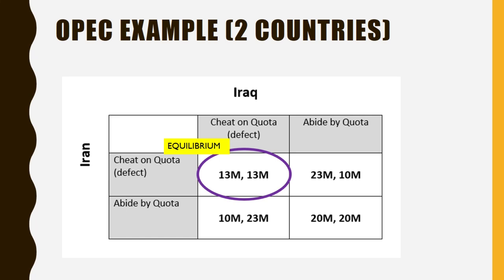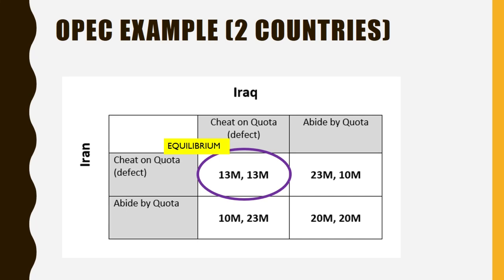But that wasn't an equilibrium, because both of them wanted to defect given what the other was doing. So we end up in an equilibrium situation where both Iran and Iraq have cheated on the quota, and it costs them money, right? So this is the prisoner's dilemma situation all over again, but instead of Bonnie and Clyde, we've got Iran and Iraq, but the incentives are still the same.